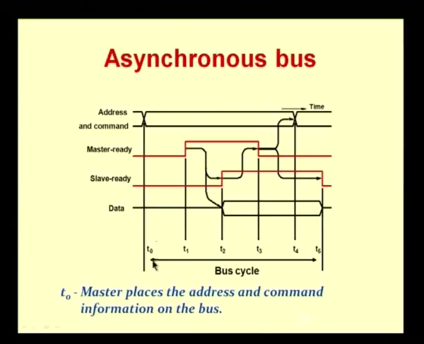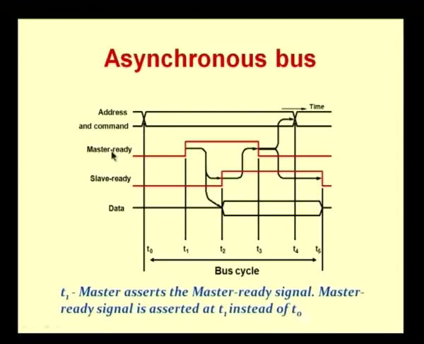The first thing that will happen is that the master will first place the address and command information on the bus. You can see that is happening at time t0, let us say. At time t0, the address and command are placed on the bus. Once it does that, the next step is the assertion of the master ready signal by the master.